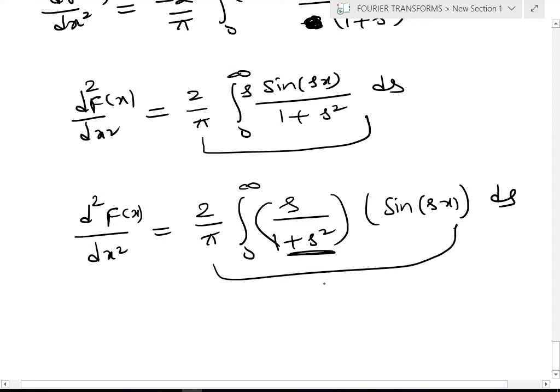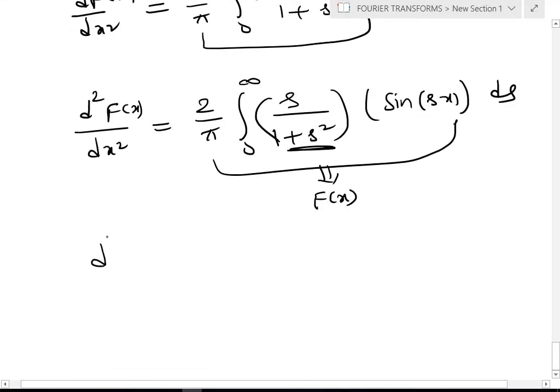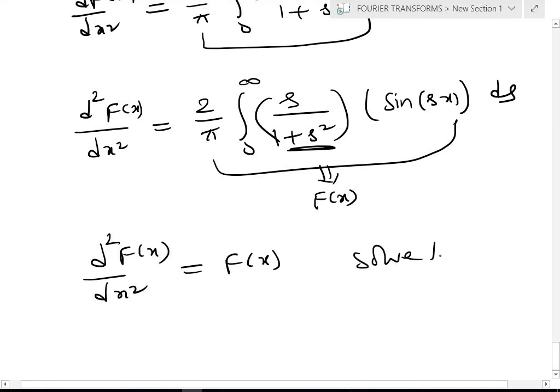That means this is again f of x. So d square by dx square f of x is equal to f of x. Now solve this second order ODE for f of x.